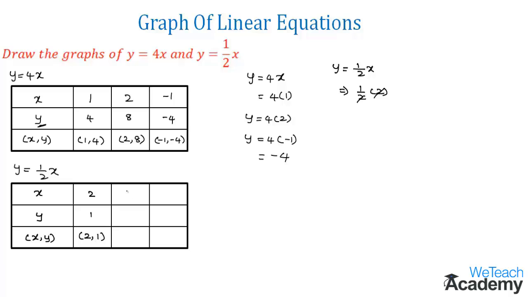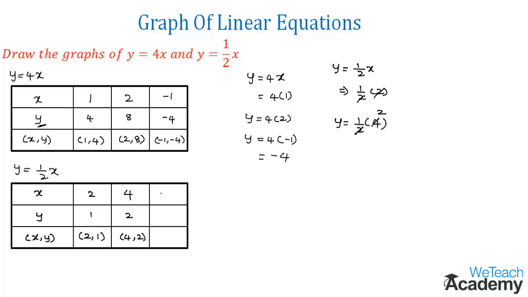Now let us consider the x value as 4. We get the y value as y = 1/2 into 4. On simplifying, 2 ones are 2 and 2 twos are 4, so we get 2 as the value of y. Then we get the next ordered pair as (4, 2). Now let us consider a negative value for x.